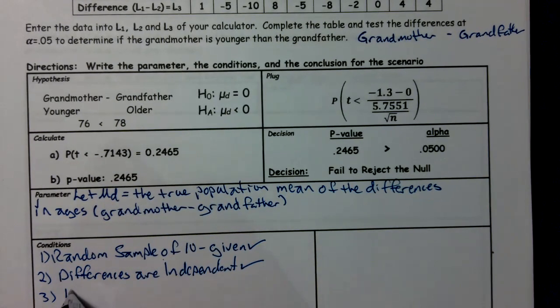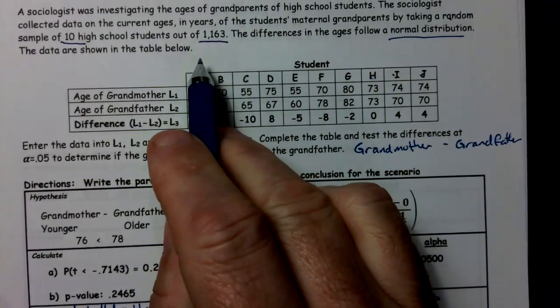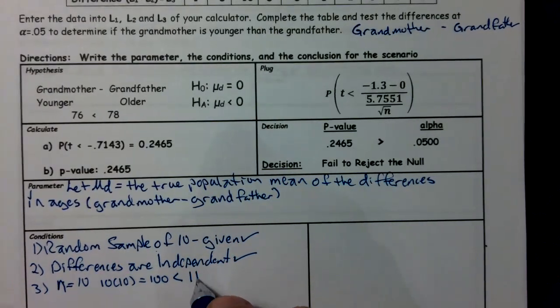Well, we have n equals 10, and we always multiply by 10, which gives 100, and that needs to be less than our population. Our population was 1,163, so it is less. So that's met.